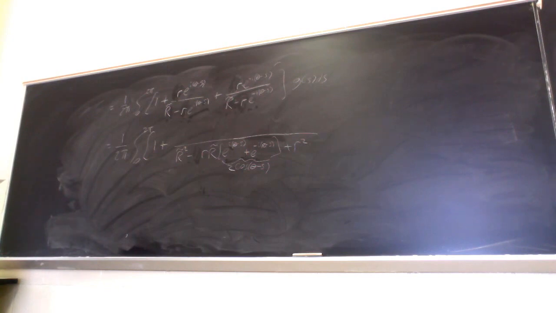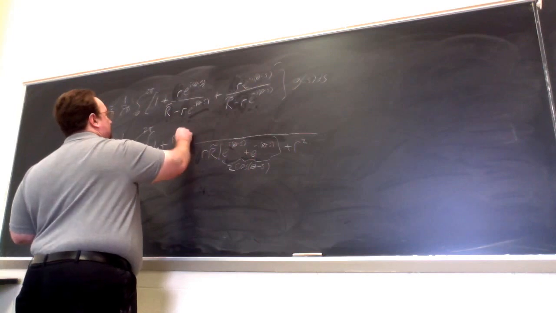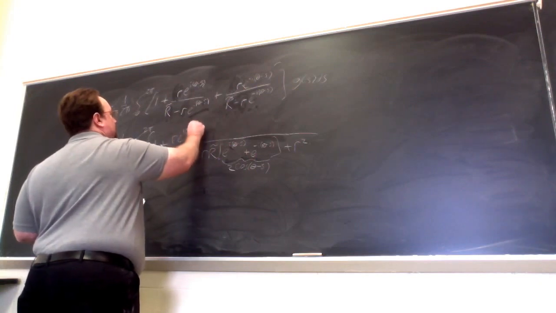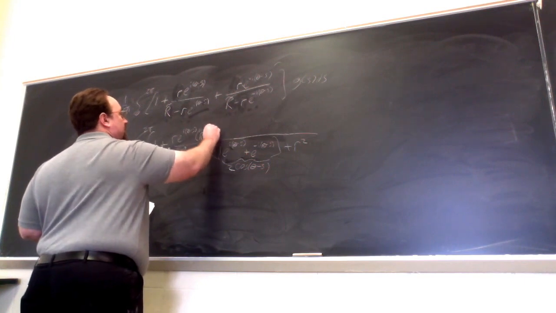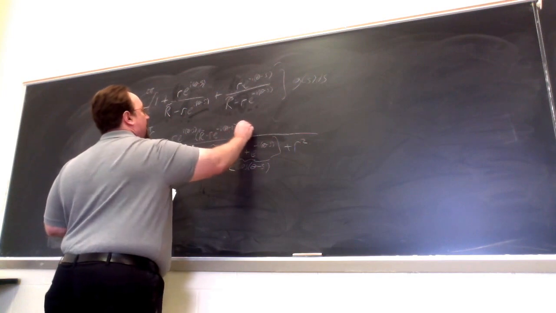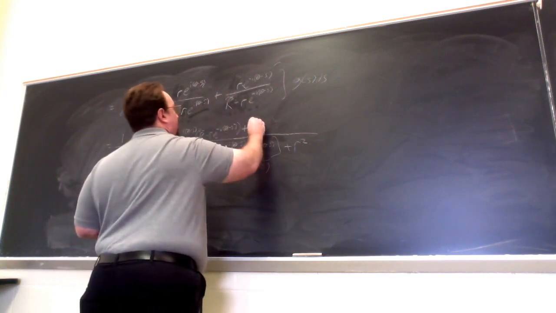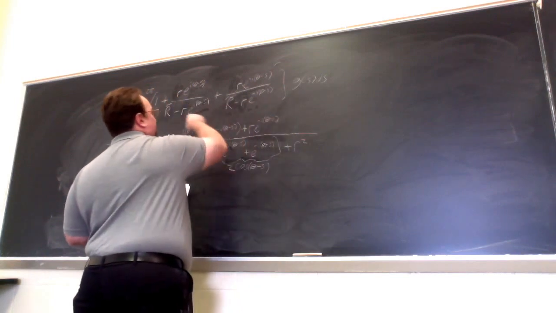Okay. Now, up top, we have a big mess. So I have this numerator times this denominator plus this numerator times this denominator.